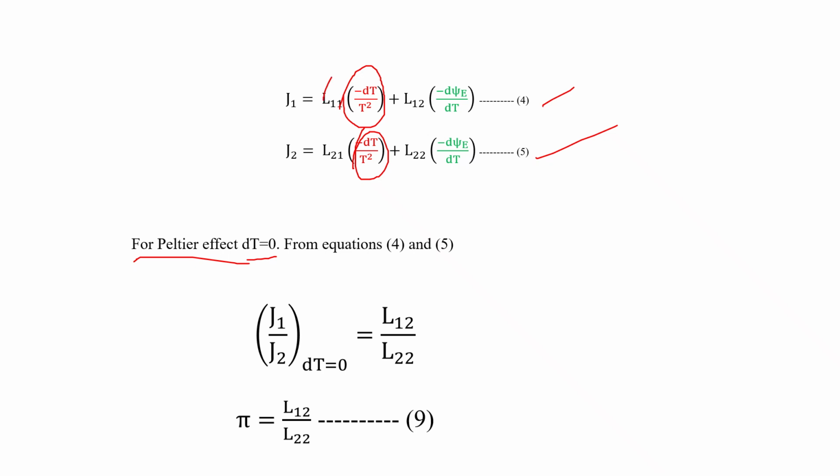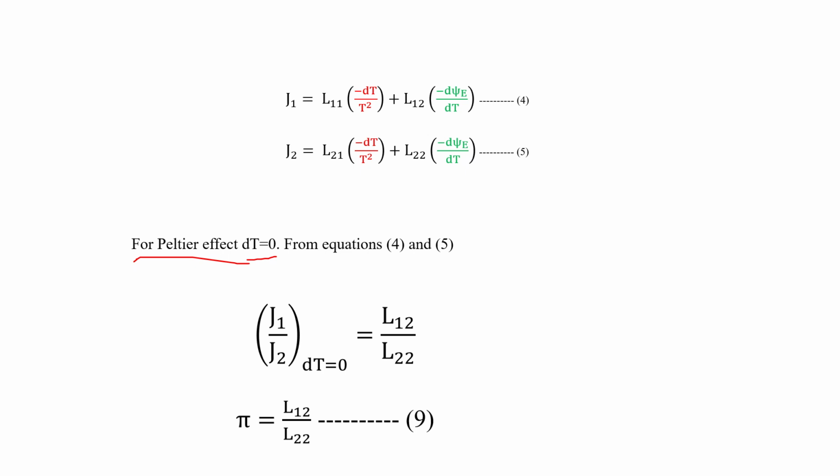In that condition, the first part of the equation, L11 of J1, will become 0, and L21 of J2 will also become 0. You will be having only the second part of the equation available, L12 and L22.